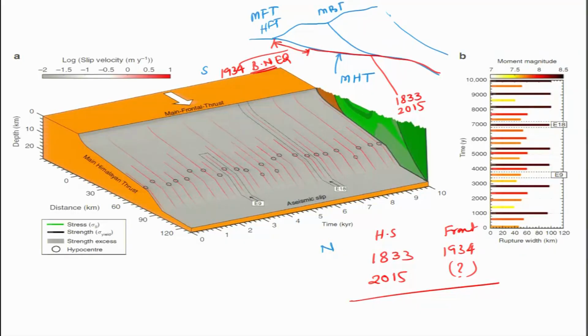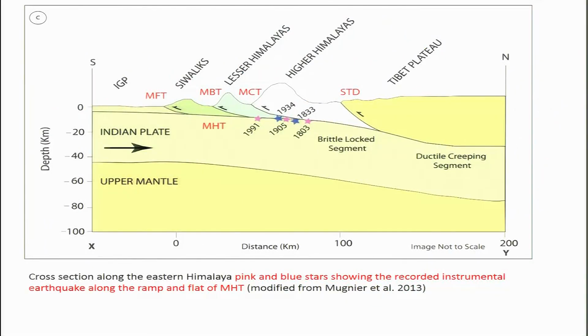Many groups are saying that we can expect another major event, similar to 1934, along the Himalayan front in the near future. So these are the scenarios which have been given, that the rupture initiates far behind the Himalayan front along the MHT, and then the deformation propagates towards the south.